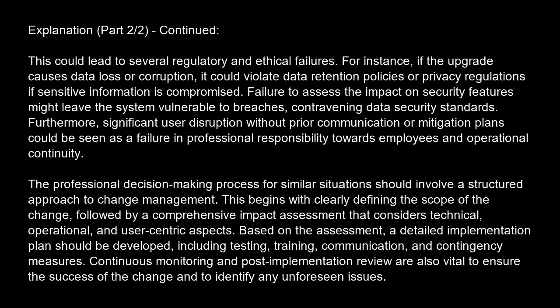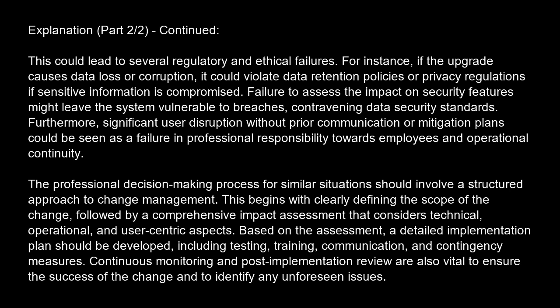Failure to assess the impact on security features might leave the system vulnerable to breaches, contravening data security standards. Furthermore, significant user disruption without prior communication or mitigation plans could be seen as a failure in professional responsibility towards employees and operational continuity.